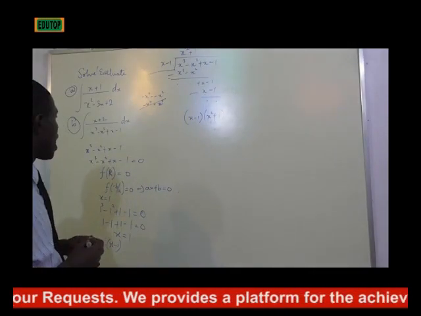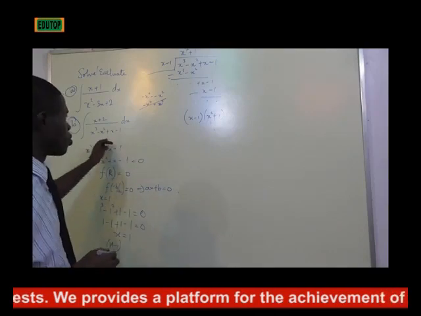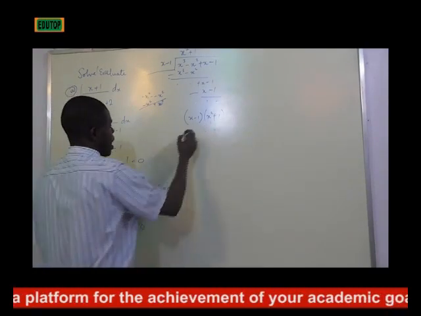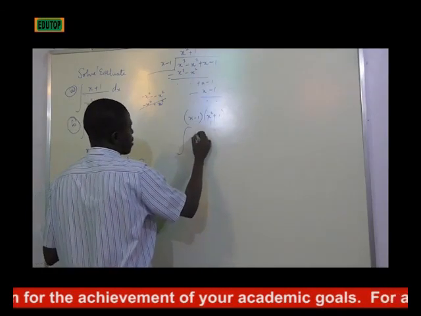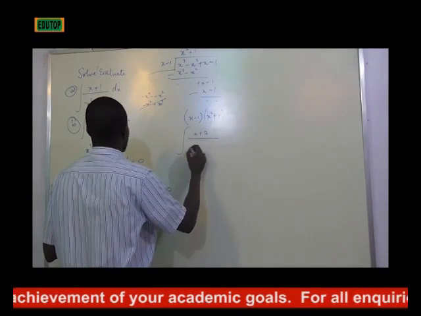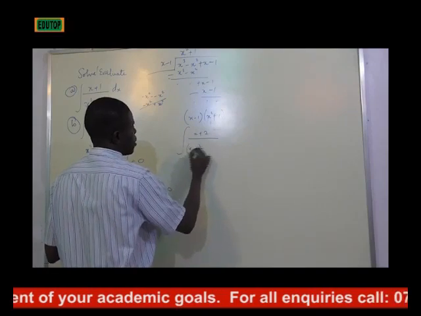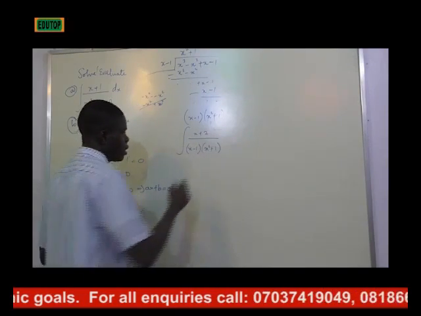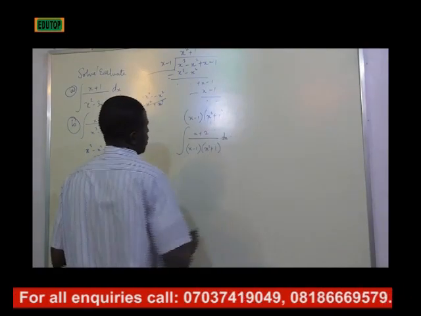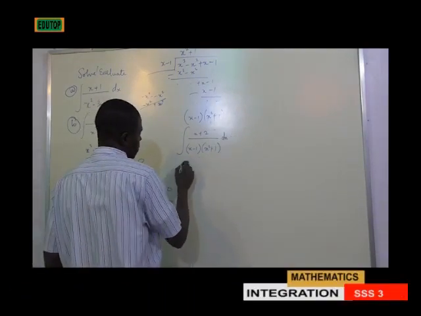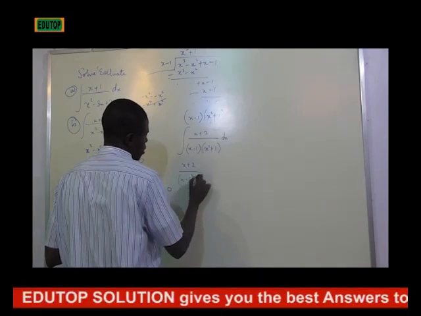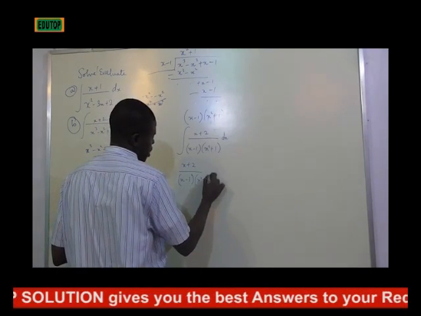So automatically, I've succeeded in breaking this complex situation into a simpler situation. So I can now rewrite this as the integral of x plus 2 over x minus 1 times x squared plus 1, dx. So I can now break this up by partial fractions.